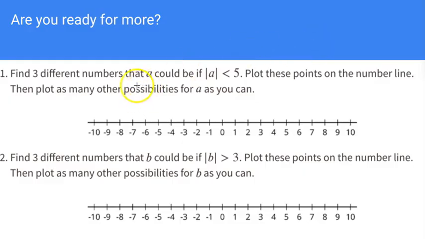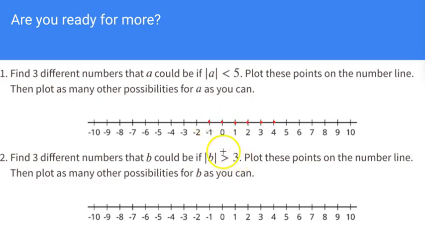All right, let's do a little wrapping up here. What are 3 possible numbers that could be A if the absolute value of A is less than 5? Well, it could be a lot of things, right? It could be 4, it could be 3, it could be 2, it could be 1, it could be 0.